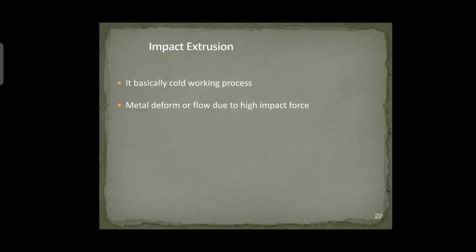Due to the high impact force, the metal deformation takes place to the required shape. According to that, the shape is obtained, but the application of force is an impact force.